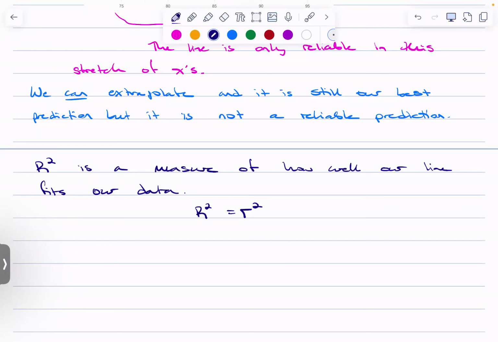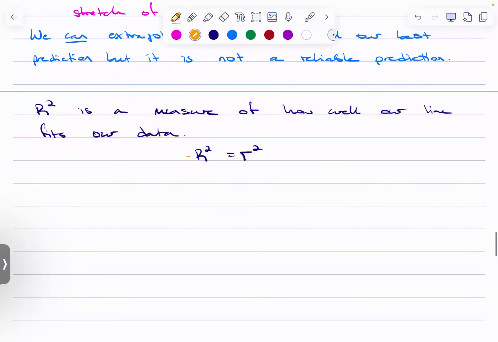And now this r squared is a value between 0 and 1 then. If I take a small value and I square it, or a negative value, it just stays in the 0 to 1 scale, which means what?